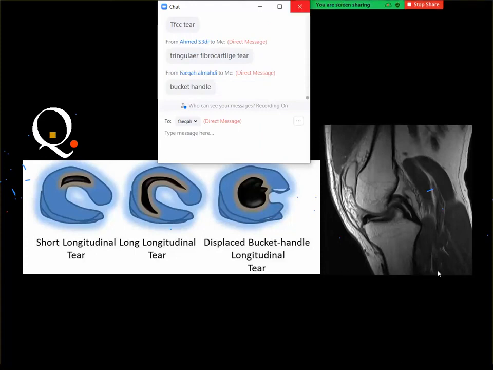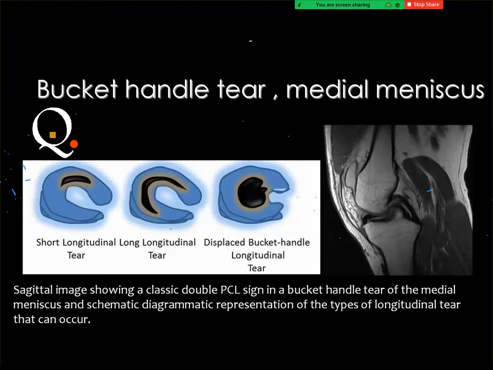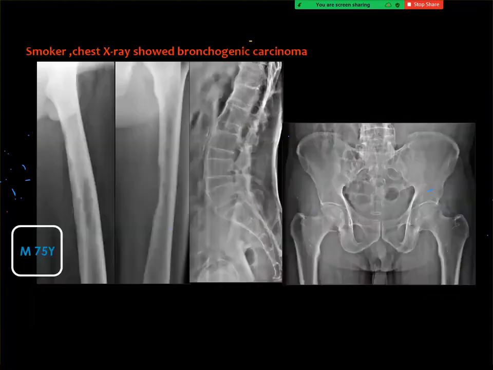Yes, you got the well-known sign, which is the double PCL sign, and these are the stages of the formation of the bucket handle tear, which starts as a short longitudinal tear, then becomes longer, then the medial fragment is displaced underneath the posterior cruciate ligament, and this is bucket handle tear. This patient is a smoker, and the chest X-ray showed bronchogenic carcinoma.